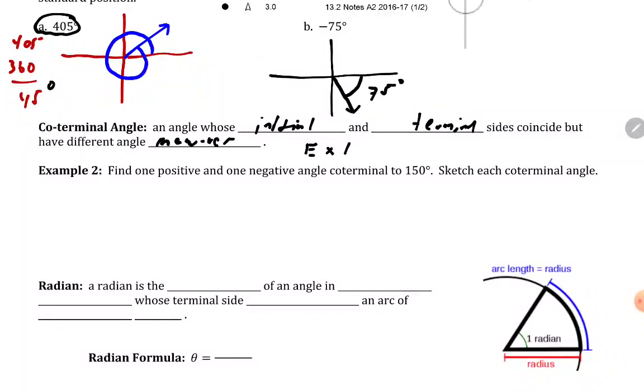Find one positive and one negative angle coterminal to 150 degrees. So if we don't know what 150 degrees looks like, this would be 90 degrees, and then a little bit more for 150. So for 150 here, we could take 360 and add 150, and that would give us 510 degrees.